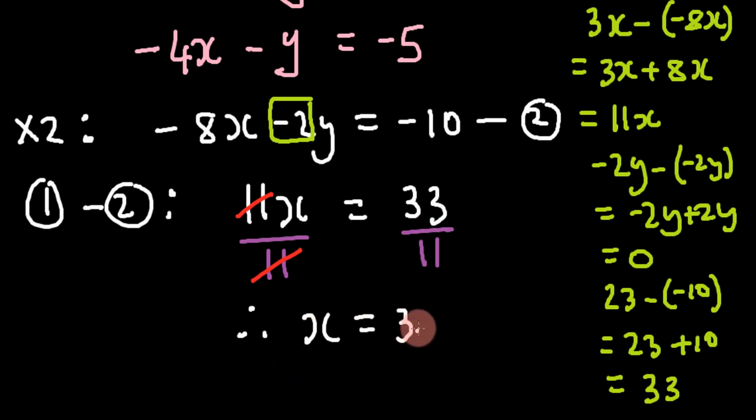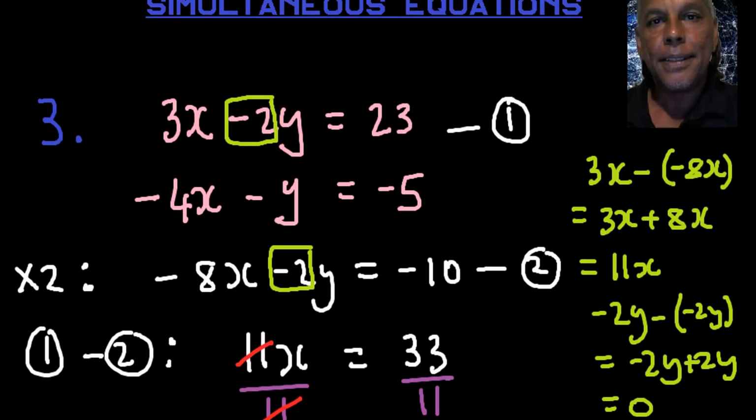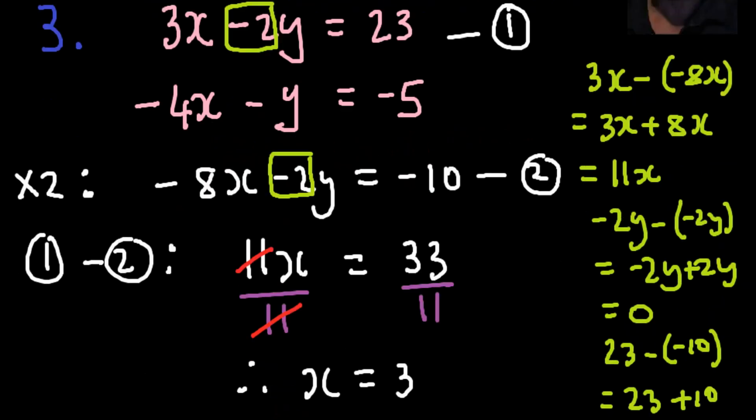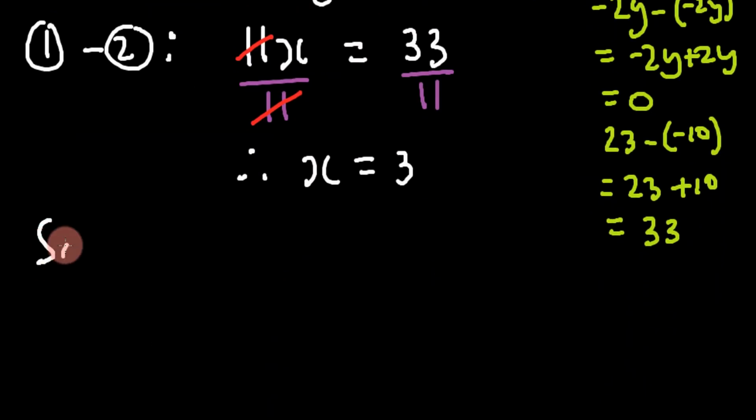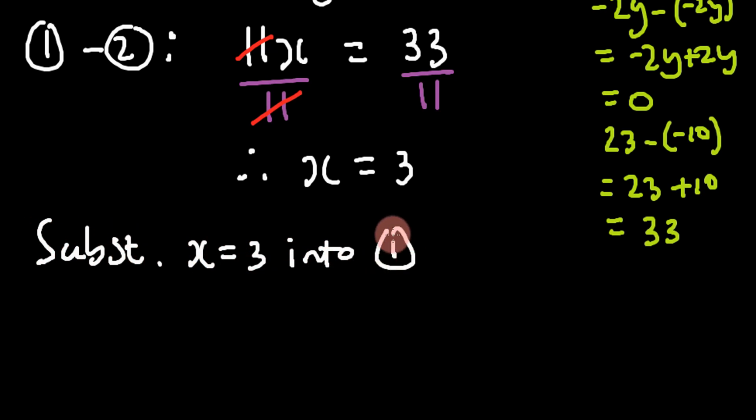So now we have the value of x. To get the value of y, we can plug x back into equation 1. So substitute x equals 3 into equation 1.